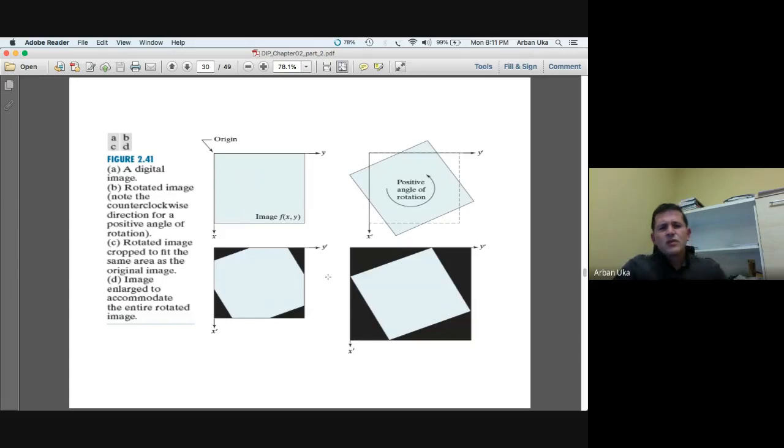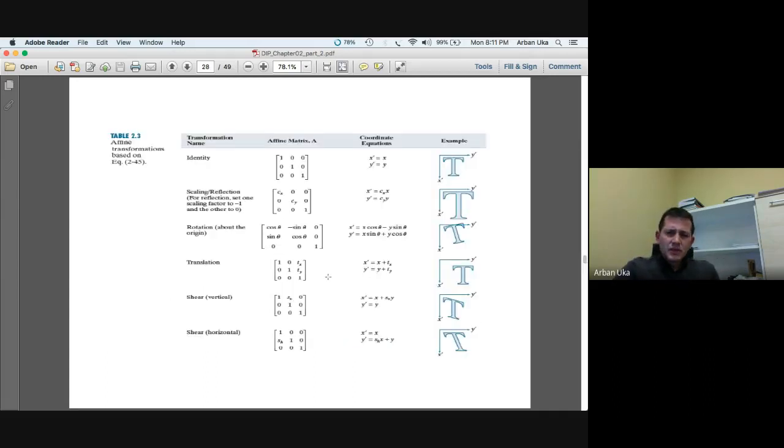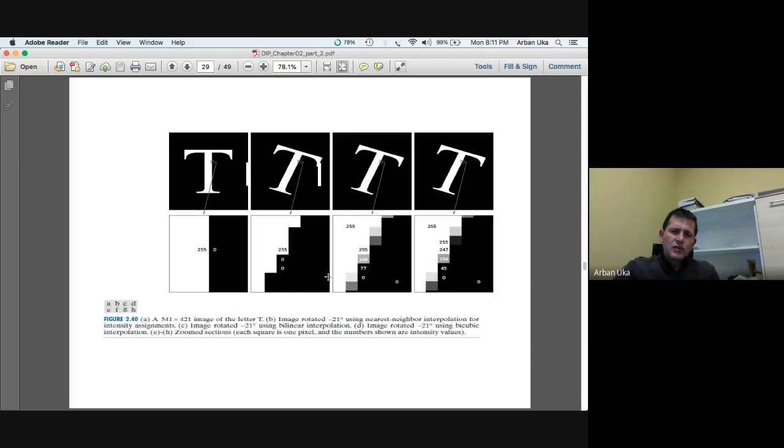And now these operators, especially the shear that we see here, the horizontal shear and the vertical shear, including also rotation, are very useful in case someone wants to implement deep learning algorithms on a specific data set.